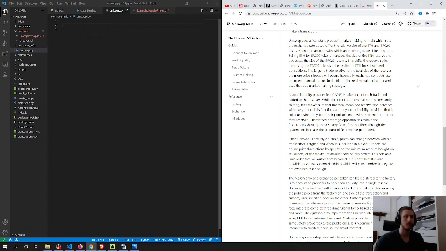Essentially, exchange contracts use the open financial market to decide on the relative value of a pair and use that as a market making strategy.